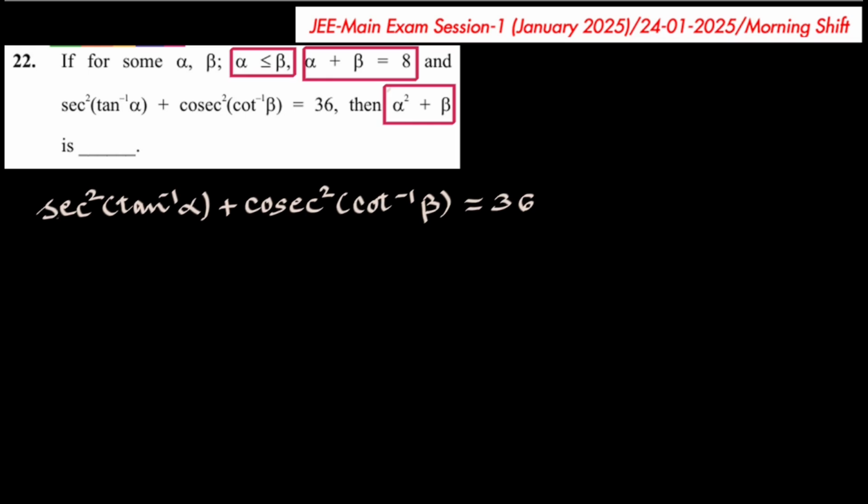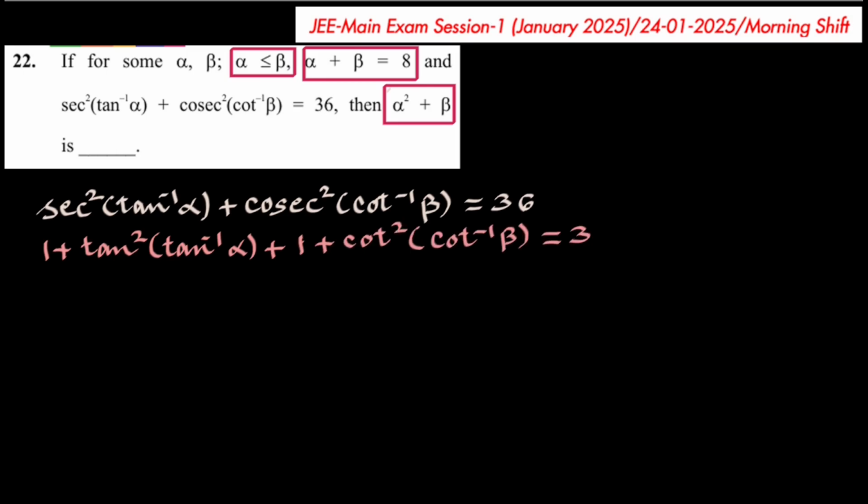We can write sec square of tan inverse alpha as 1 plus tan square of tan inverse alpha, plus we can write cosec square of cot inverse beta as 1 plus cot square of cot inverse beta, which is 36. This will be 1 plus alpha square plus 1 plus beta square equals 36. Alpha square plus beta square will be 34.